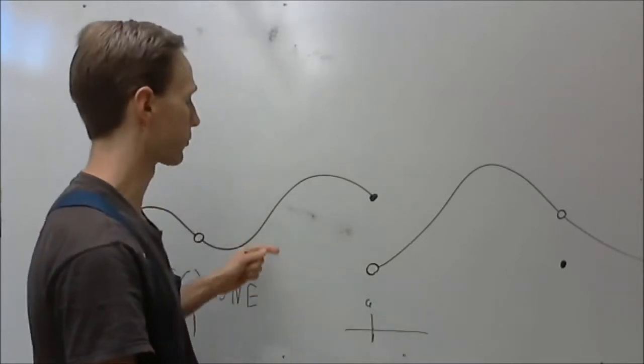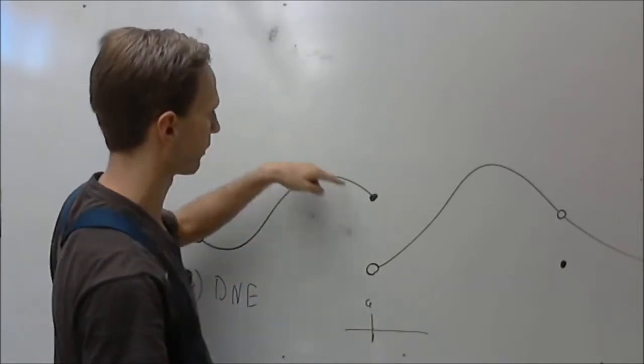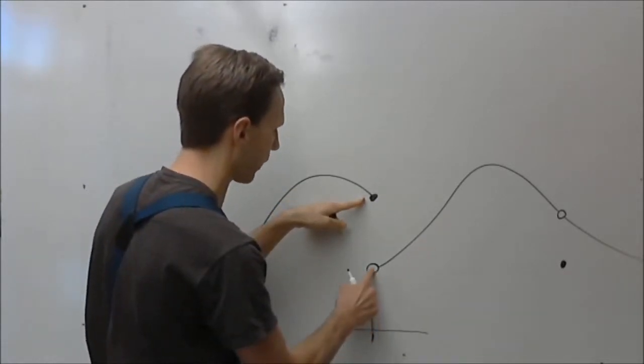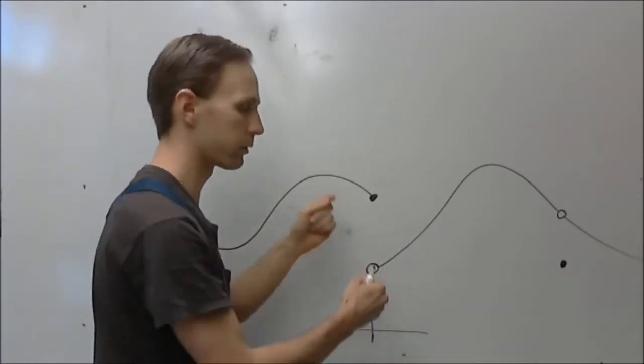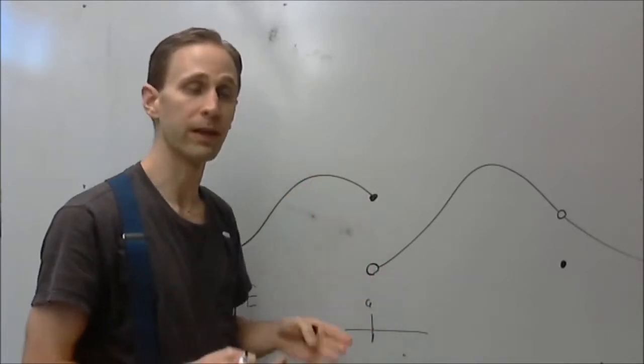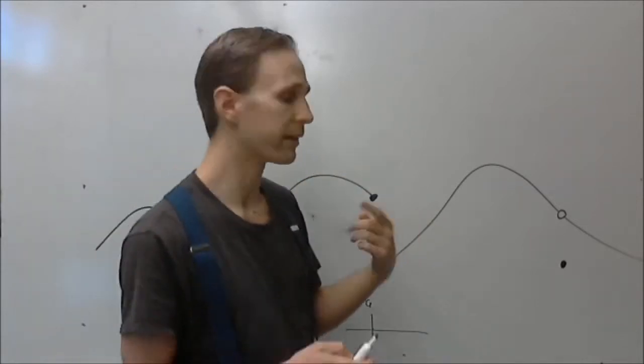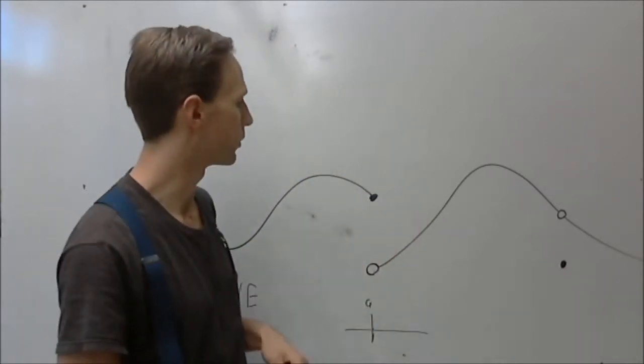The limit from the left equals whatever this y value is. The limit from the right equals whatever this y value is. Those aren't the same number, so the limit as x approaches a does not exist. And that's what destroys continuity there.